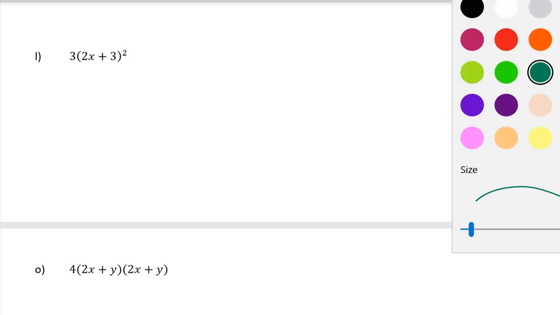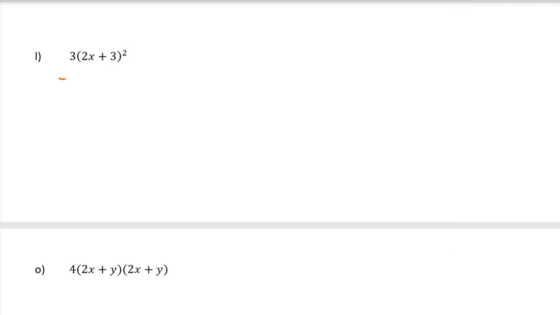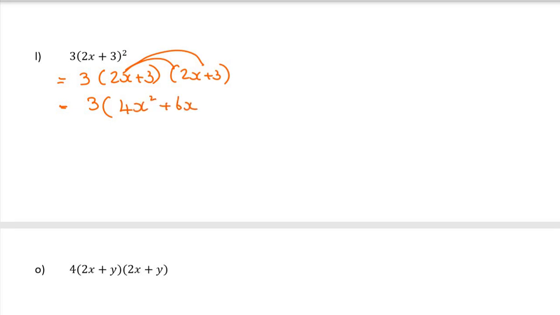Next one again isn't particularly different. You just have to remember that when you're squaring, you write out a bracket twice. You cannot distribute over a plus sign. So now I multiply in my 2x, so I get 4x squared plus 6x, and then another 6x plus, now careful, it's not 3 plus 3, it's 3 times 3, which is 9.